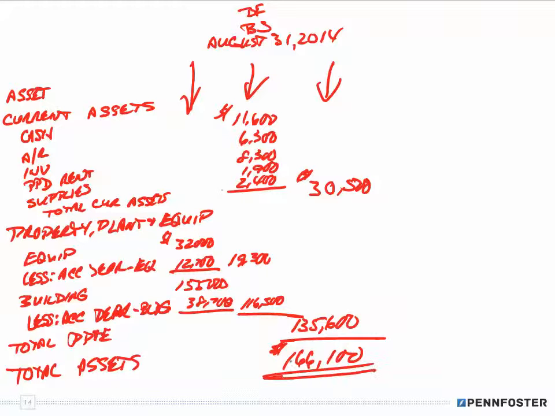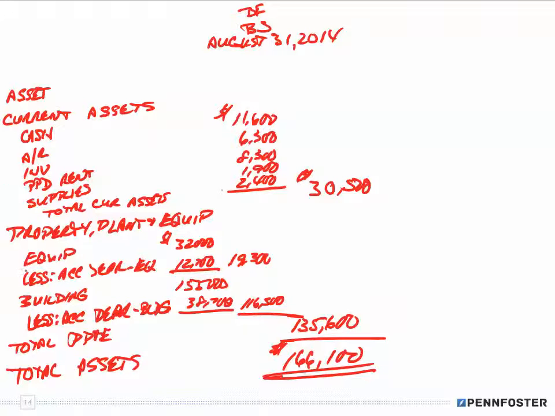Whereas if I didn't make this adjustment here to put in the total property, plant, and equipment, I'd only have 2 columns. So basically what I'm getting at is you're watching me real time figure out how to go about putting the information on the balance sheet, and how I'm making the different adjustments in order to get all the information correctly on the balance sheet and the formatting correctly.